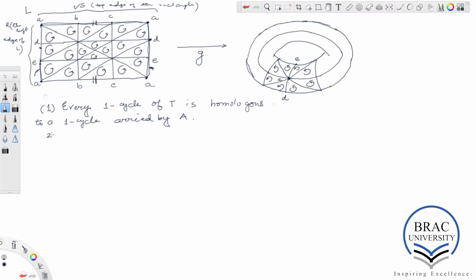And the second statement, if we apply the second statement for the case of the two torus, we get the following.